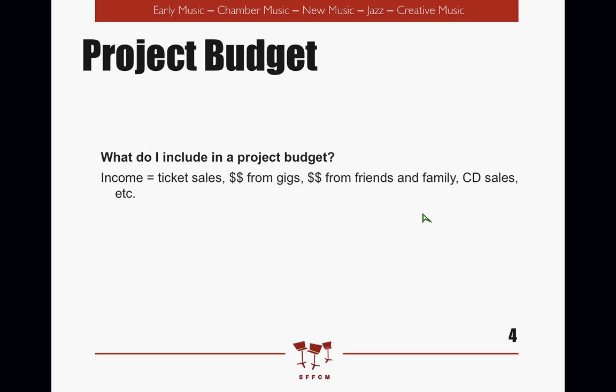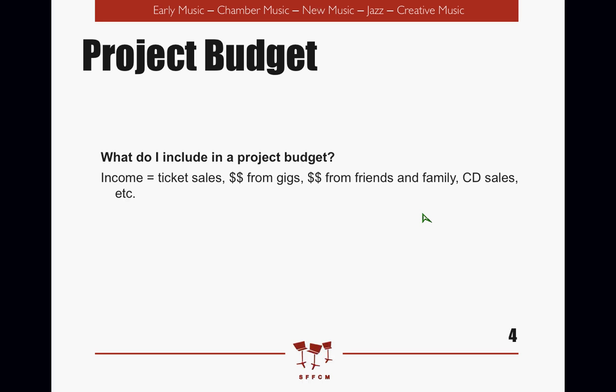You have an income side, and your income would be the anticipated ticket sales that you think you're going to get from the project you're asking it to support, if your project involves performance. Money from any gigs you might do during the project period that you'd like to apply towards the project costs.